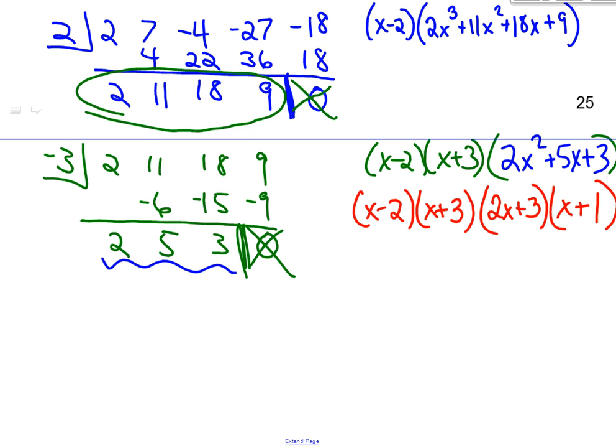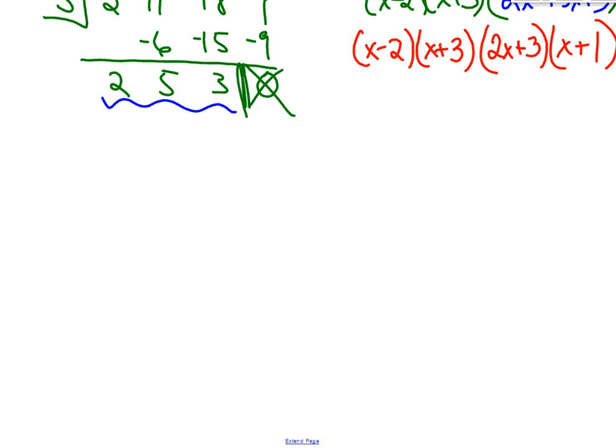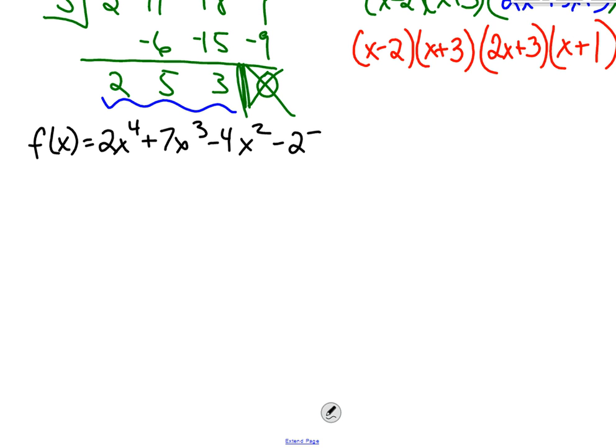I'm going to use this problem, though, to tell you the different questions you could be asked in a problem like this. And so I'm going to start by just rewriting it down at the bottom here. So f of x was 2x to the fourth plus 7x to the third minus 4x squared minus 27x minus 18.